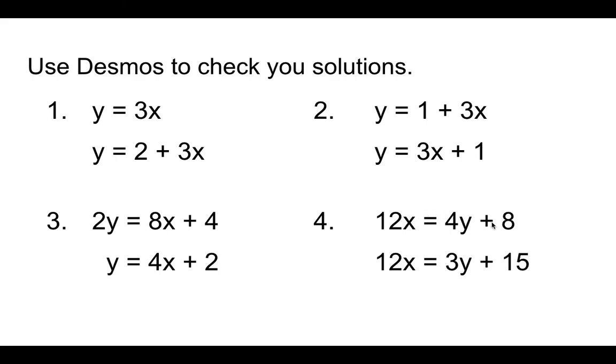So 4y plus 8 equals 12x, minus your 8, divided by 4. Okay, so if this value here has been divided by 4, and this value here has been divided by 3, the gradients are not the same, therefore they are not parallel.